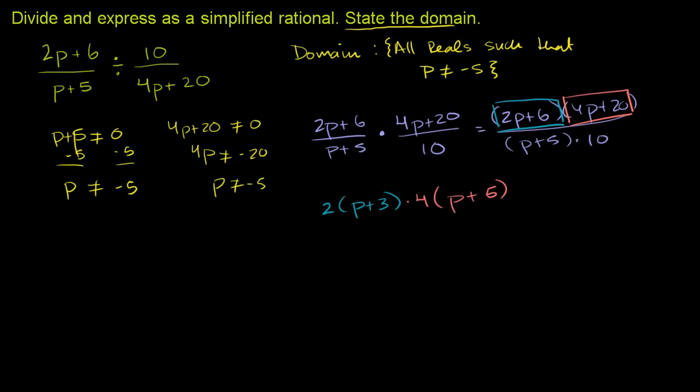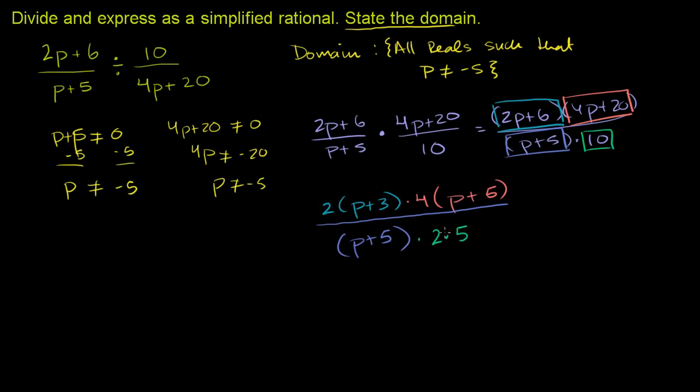And then we have our p plus 5 down there in the denominator. And even 10, we can factor further into its prime factorization, into 2 times 5. That's the same thing as 10.